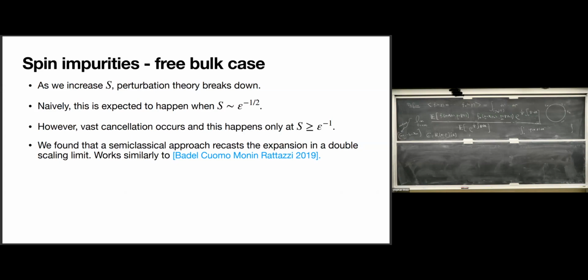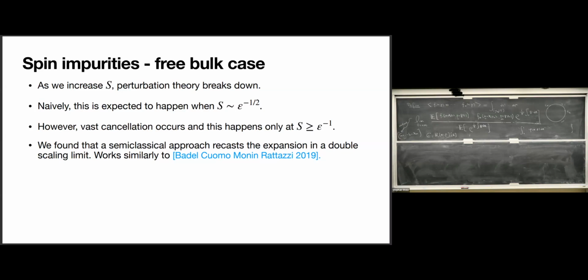If you do the naive counting, just drawing Feynman diagrams and asking when perturbation theory should break down, you get that it should break once S is of order epsilon to the -1/2. However, it does not happen, and perturbation theory only breaks down once S is of order epsilon to the -1.